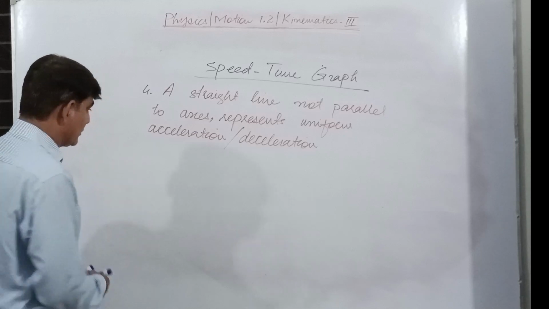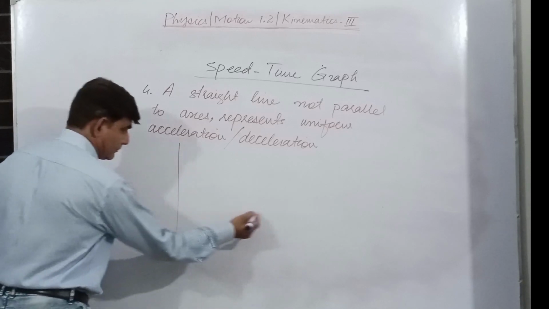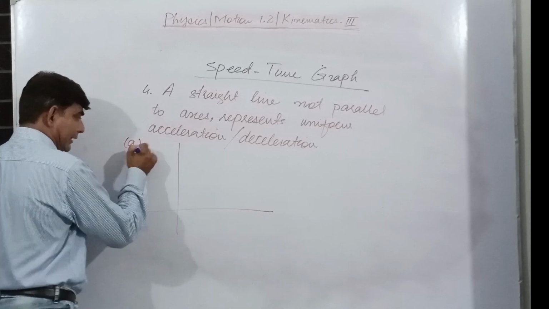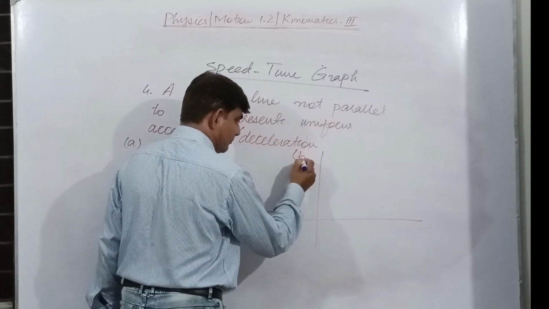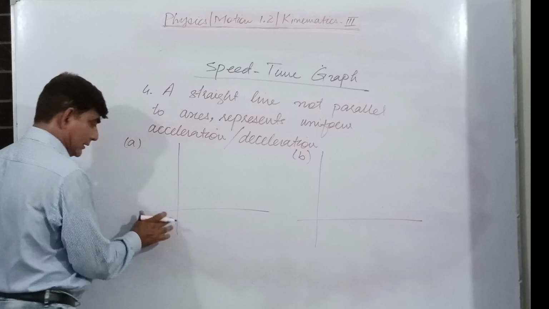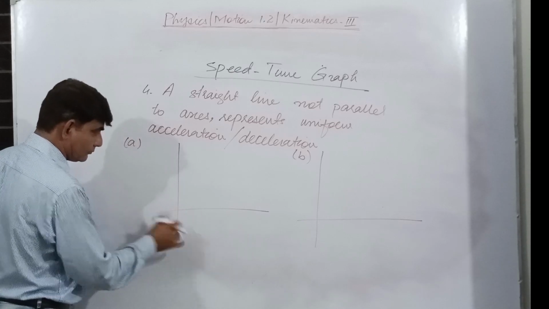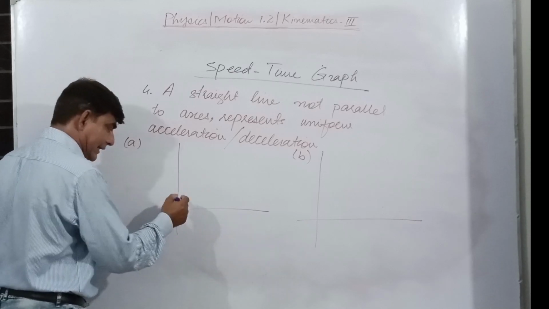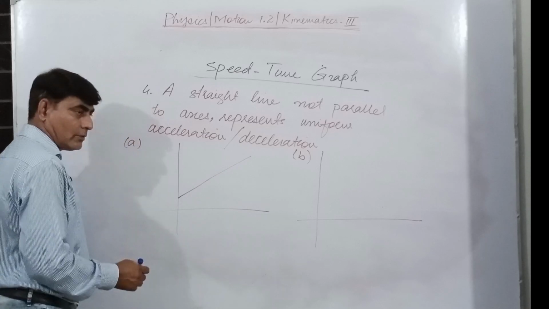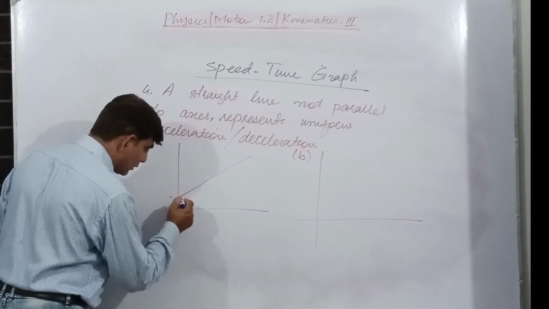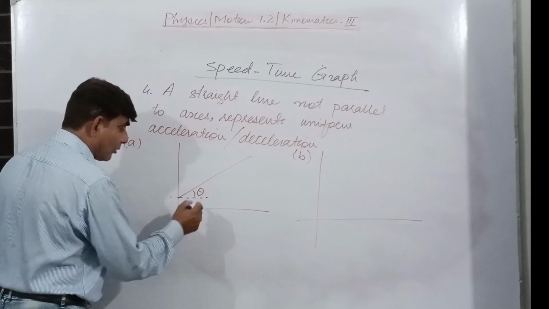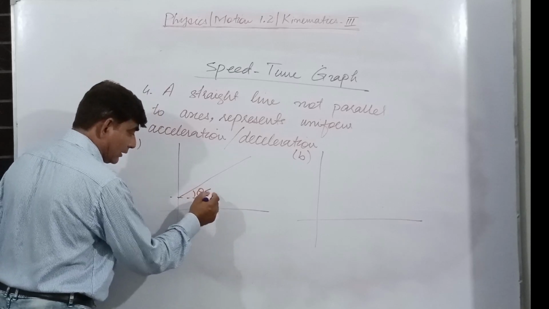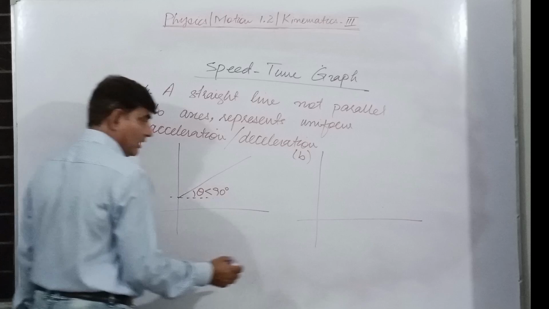Over here two graphs. This is part A, this is part B. Okay, listen. If I draw a line like this, there is an angle smaller than 90 degrees.